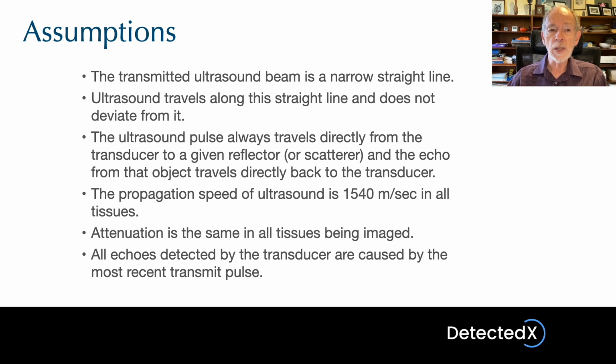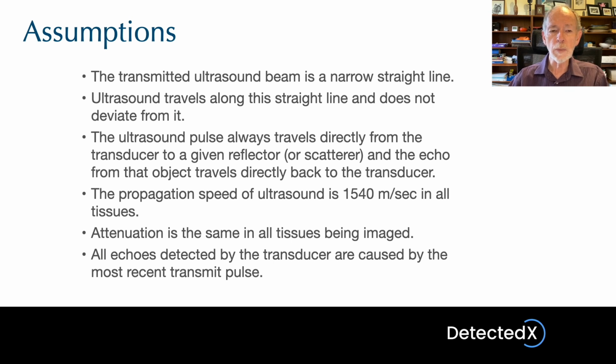The next assumption is that the ultrasound, both the transmitted and received ultrasound, travels straight along this line and doesn't deviate from it. That the ultrasound pulse always travels directly from the transducer to a given reflector or scatterer, and then the echo from that travels directly straight back to the transducer. This, of course, is built into the way the machine calculates depth.